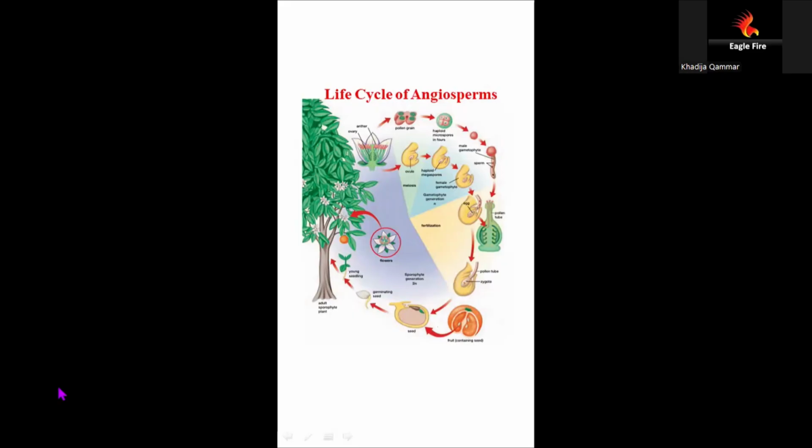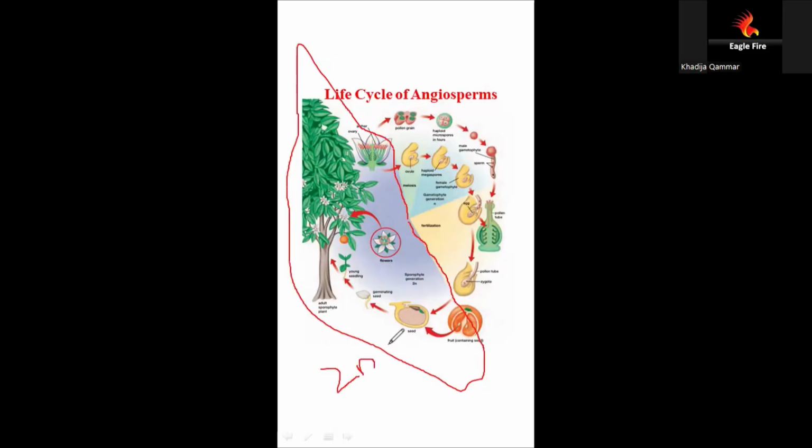Here you can see this generation is 2n and it is the diploid generation. Diploid generation means it is the sporophyte generation, and in angiosperms the sporophyte generation is more dominant as compared to the gametophyte generation.